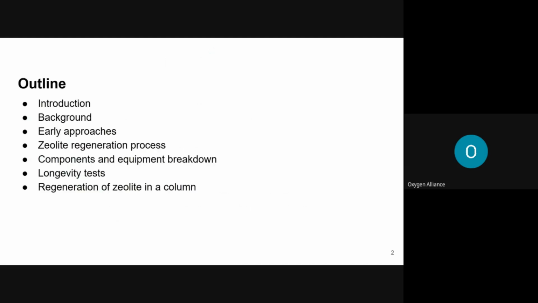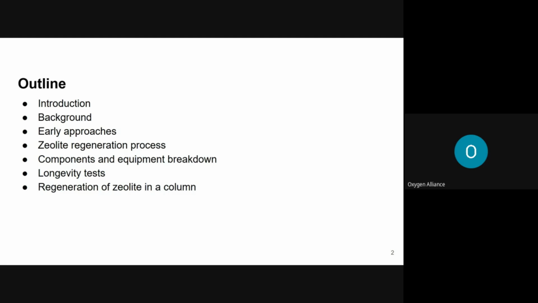All right, so just to give you an outline of what we'll be talking about today. I'll give you a brief introduction of the organization, Global Health Informatics Institute. This is where all the experiments were conducted.